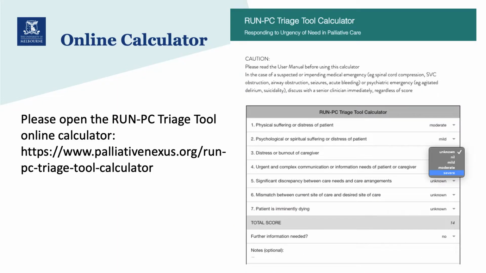And if you click on the actual tool, this is the sort of thing you'll see, where we've got the emergency caveat at the start there, and then drop down options for the items, and then the score is calculated. You can see the option there at the end for further information needed, and then a free text option to write any notes about perhaps particular concerns you have, or further information that you're chasing up.